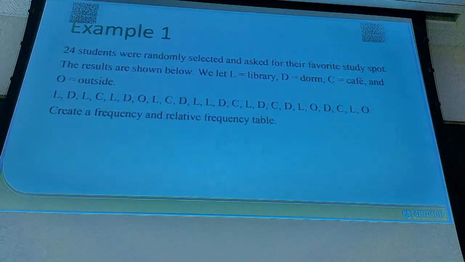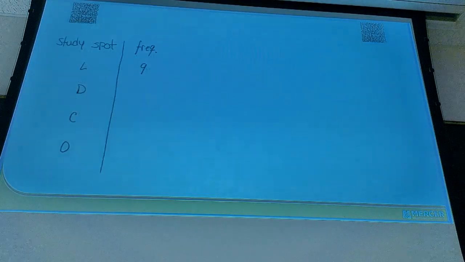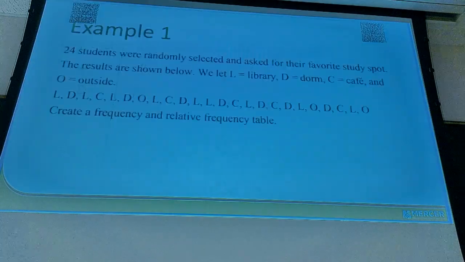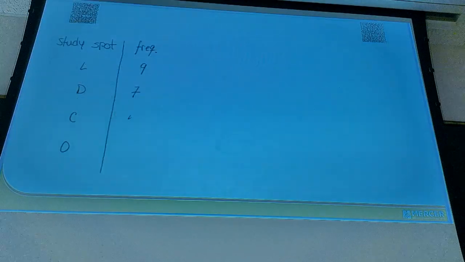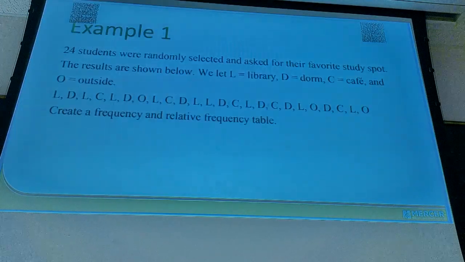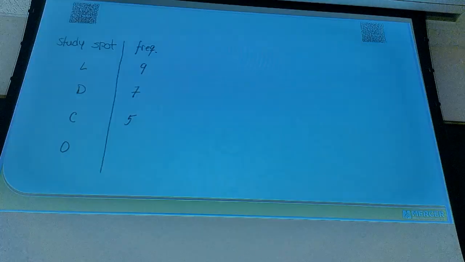Now the dorm. Seven. Cafe. And I can cheat. Sum those up and subtract from 24.